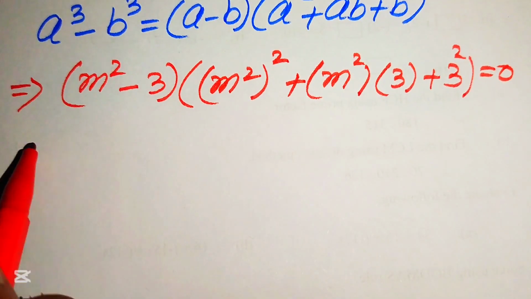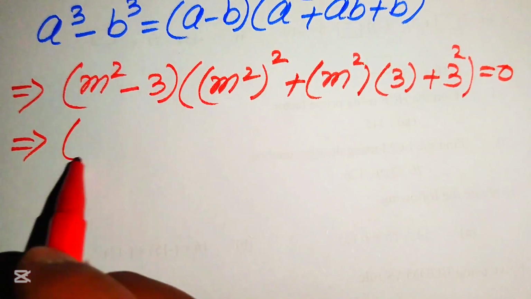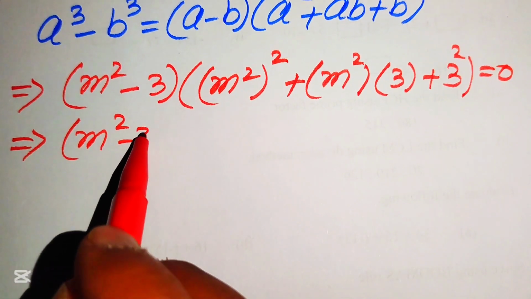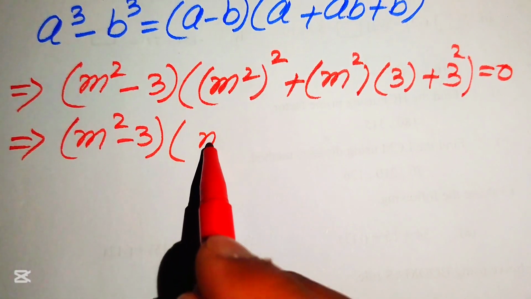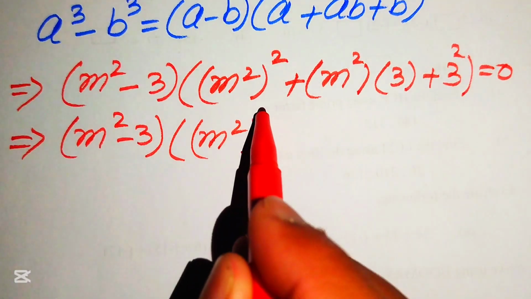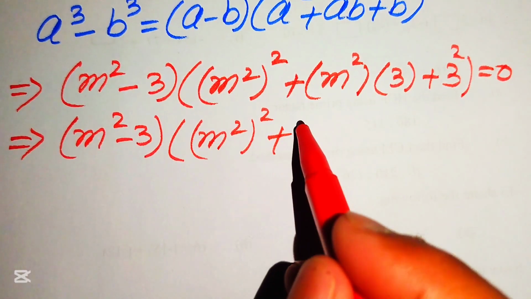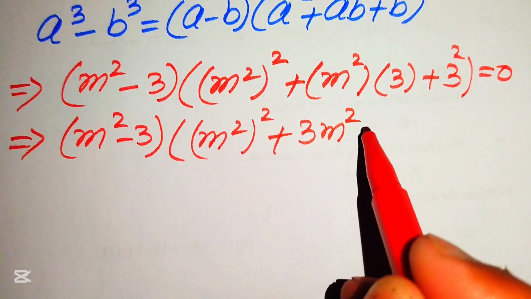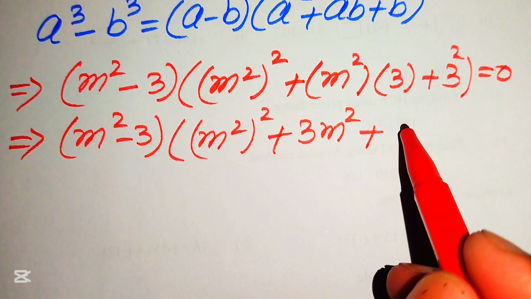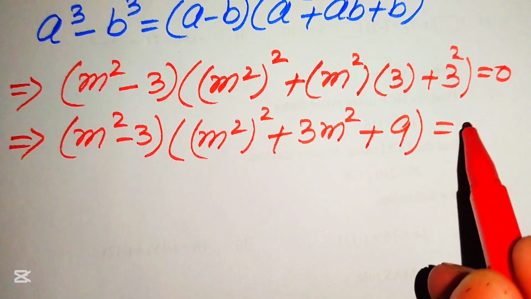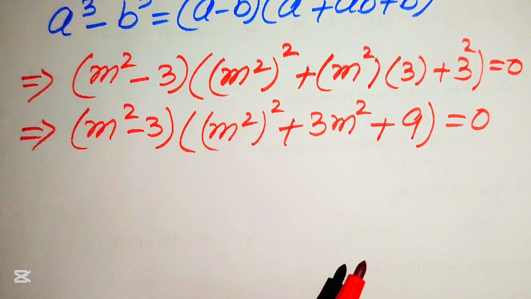So now in the next step we need more simplifications, and we write this equation as m squared minus 3 times m squared and its whole square, plus 3 times m squared, plus 3 squared equals 9, and this whole equation equals 0.